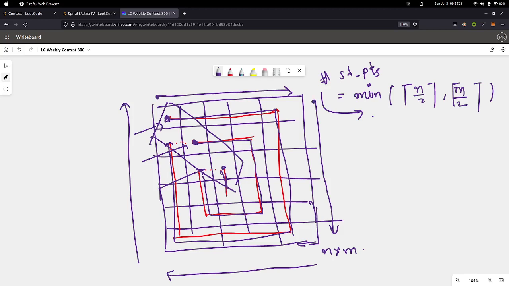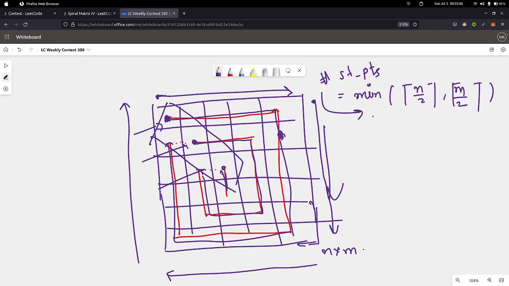You can see in the first iteration we started here, we came here, and to continue this traversal from top to bottom, we have to start from here. So it's not well defined that each corner is a starting point or ending point, it can be different also.